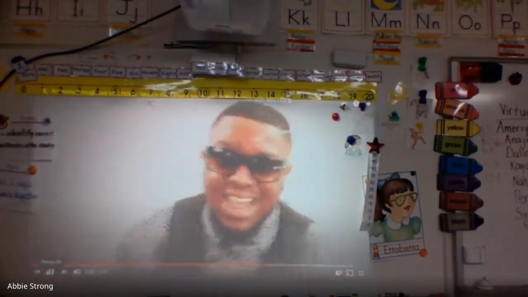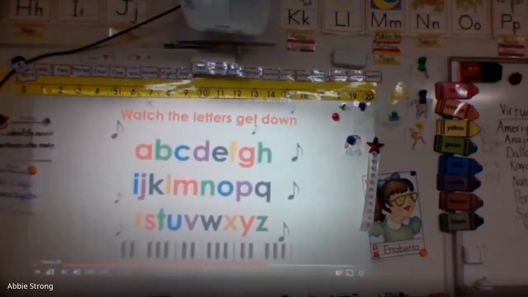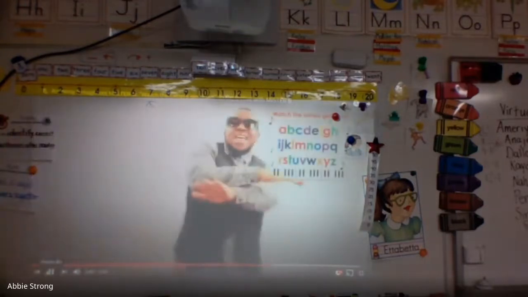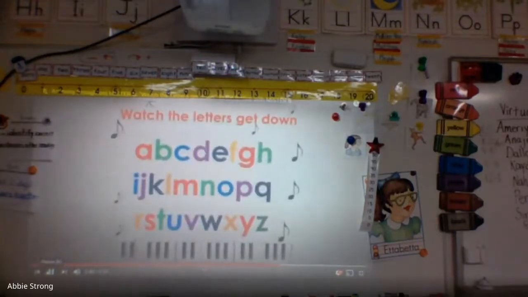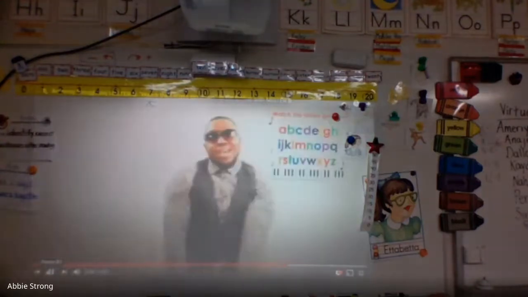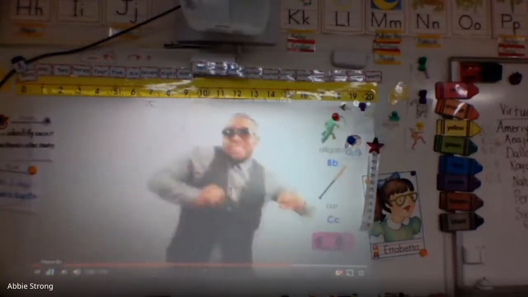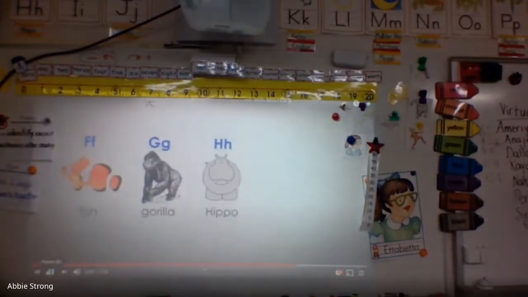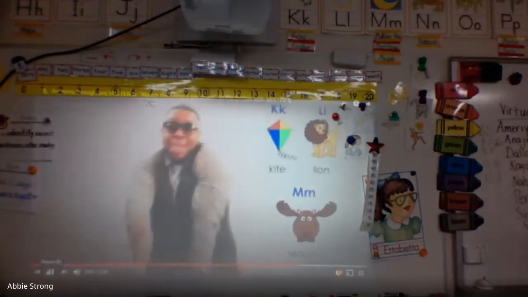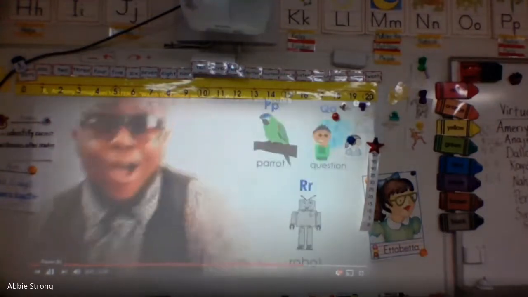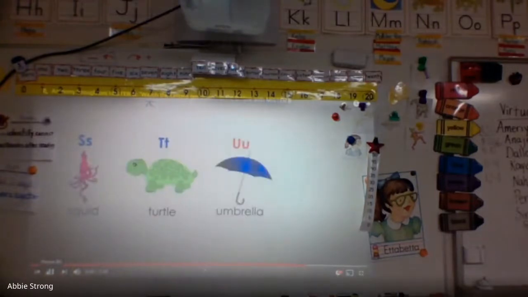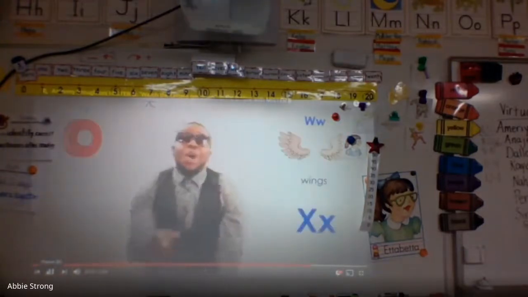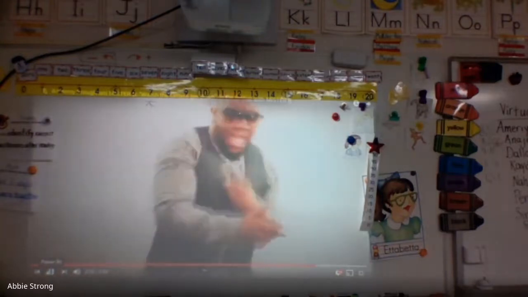Watch the letters get down. While we're making their sounds, A, B, C, D, E, F, G, H, I, J, K, L, M, N, O, P, Q, R, S, T, U, V, W, X, Y, Z. Yeah, now I know my ABCs.